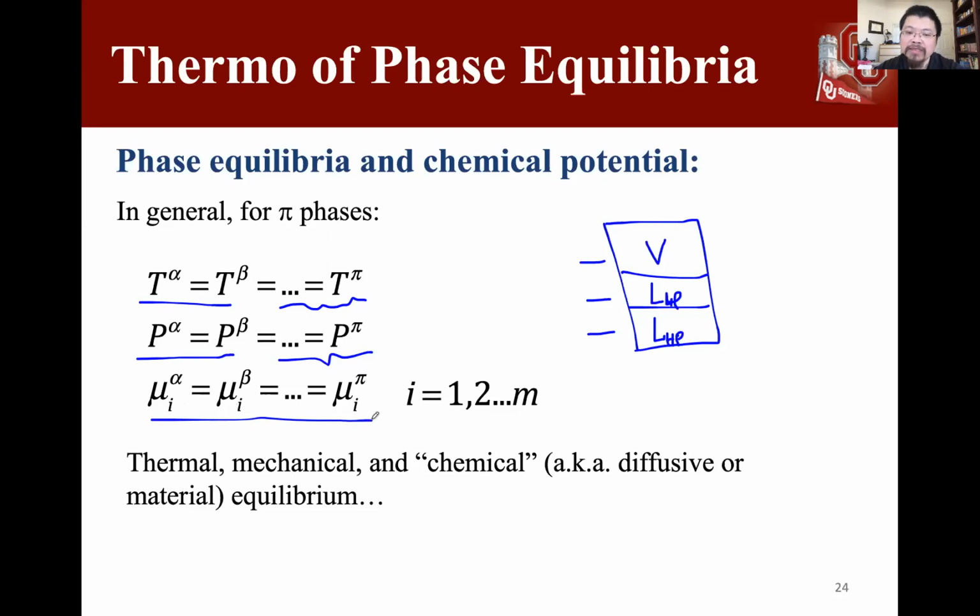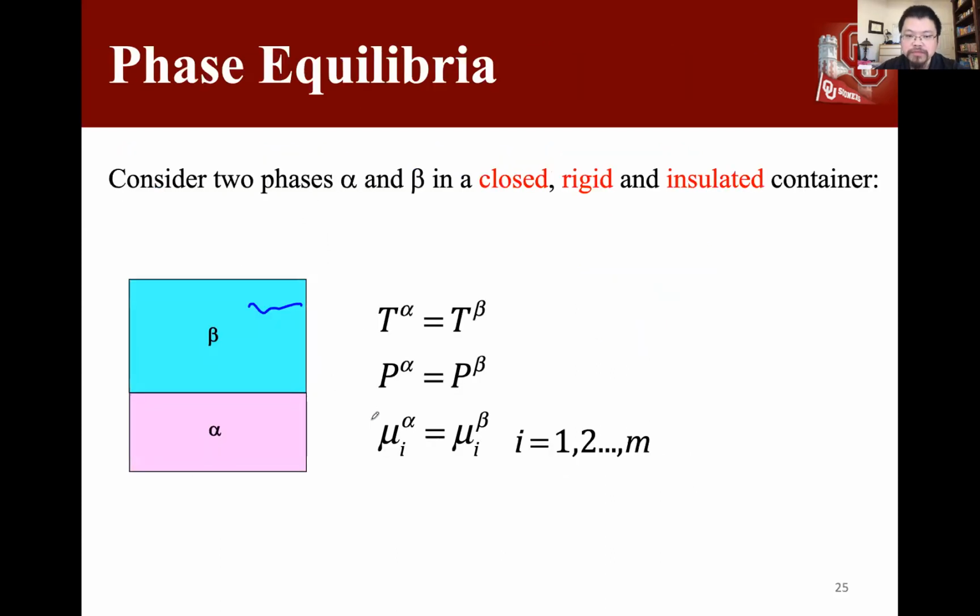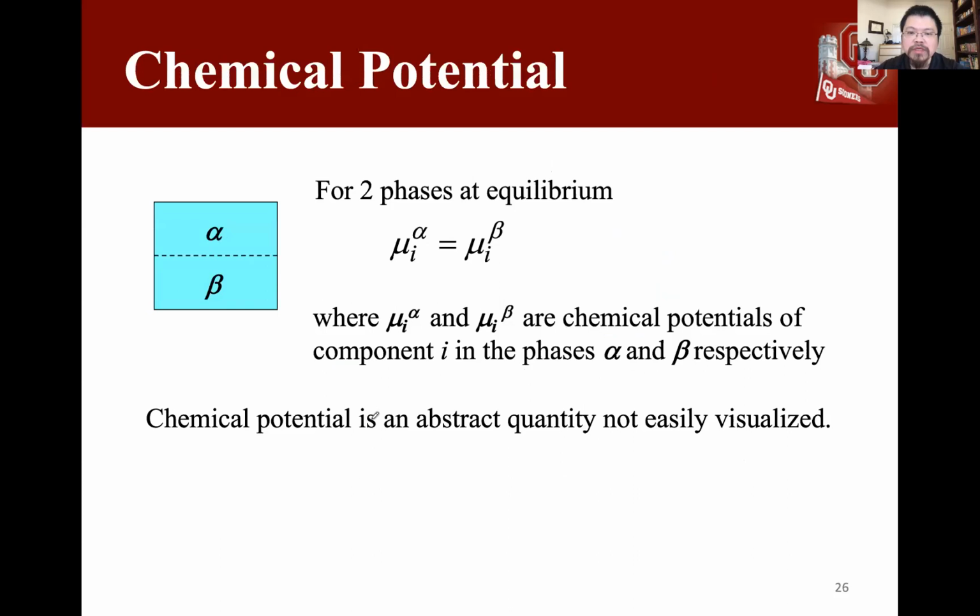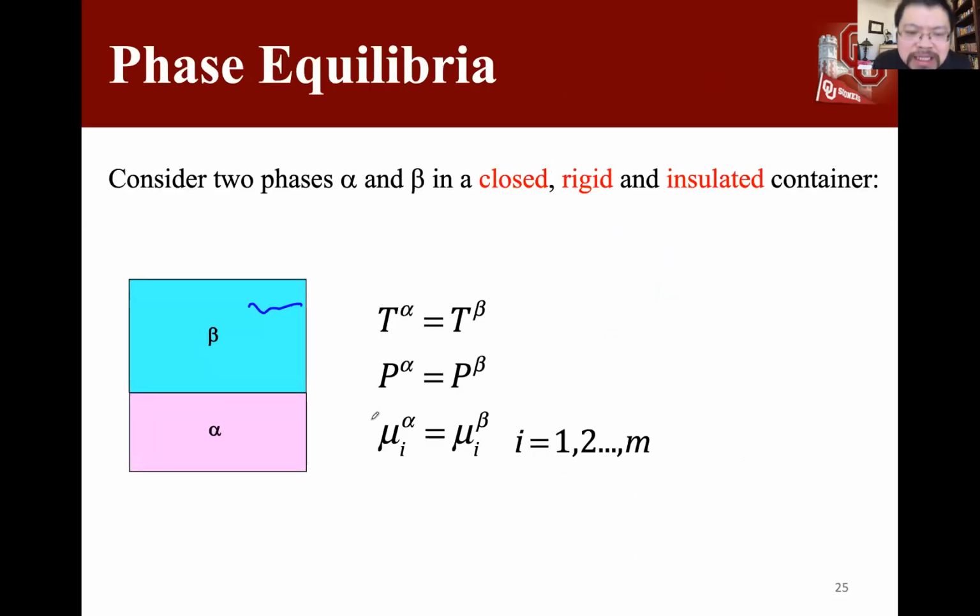Okay, so that is the mathematical way to monitor and determine whether the system is at equilibrium or not. So let's see, moving forward, how do we utilize that chemical potential? Although we understand that now I have a system, let's say liquid water and vapor water, I can measure temperature, I can measure or monitor pressure.